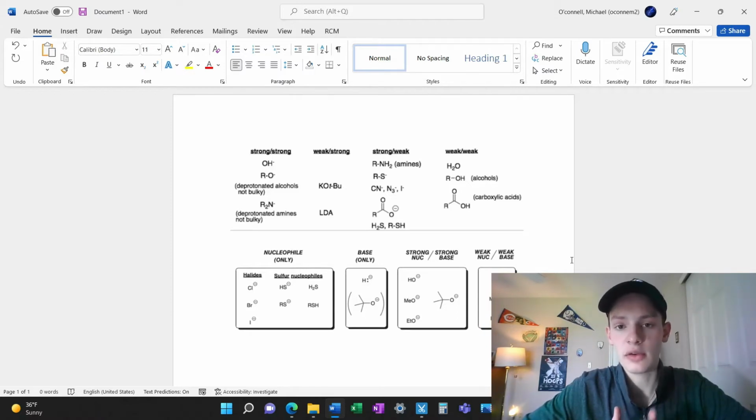So, we observe that nucleophilicity decreases as we move from left to right across a period. This is the opposite trend that we see for electronegativity, and that's because more electronegative atoms are more effective at stabilizing negative charges. When we move down a group, we actually see that nucleophilicity increases, and that's because the electron clouds are bigger as we move down a group because we increase in energy level.